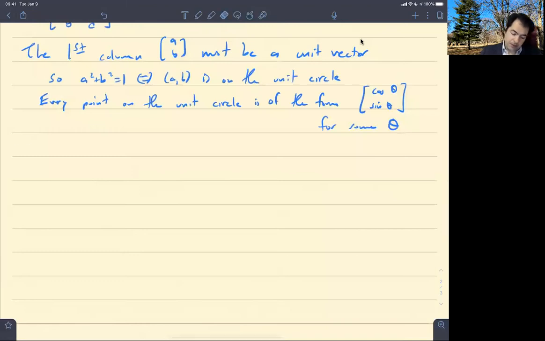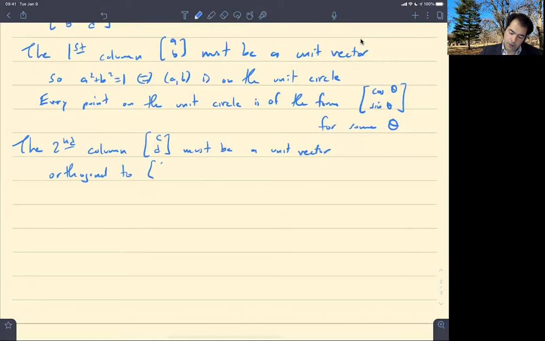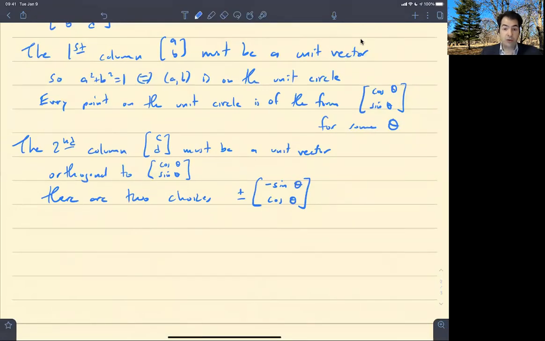The second column must be a unit vector orthogonal to cosine theta, sine theta. Okay, so there are two choices. Right, so we're going to take minus sine theta, cosine theta, and the other possibility is sine theta, minus cosine theta.